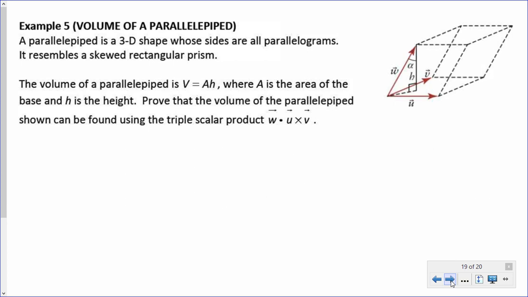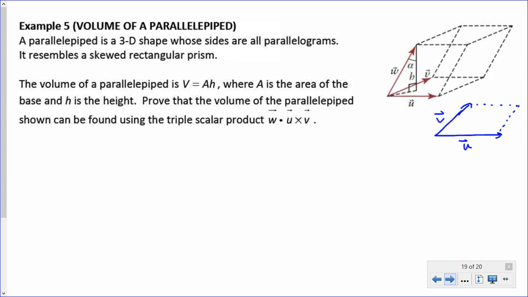So we basically know that the volume of this object would be the area of the base times the height. What I'm about to do is go through why the formula ends up being the triple scalar product. Let's go into 2 dimensions for a second. You see that we have vector u and vector v creating this parallelogram.